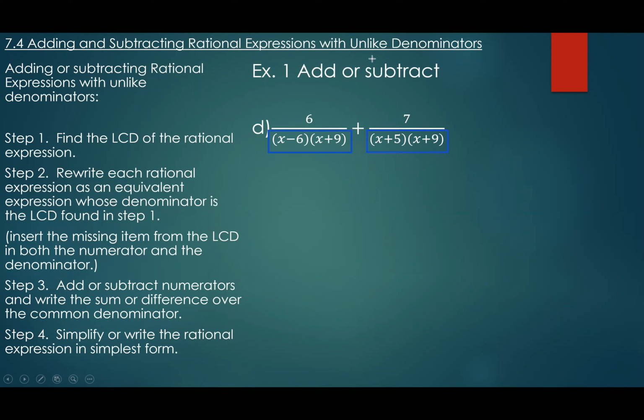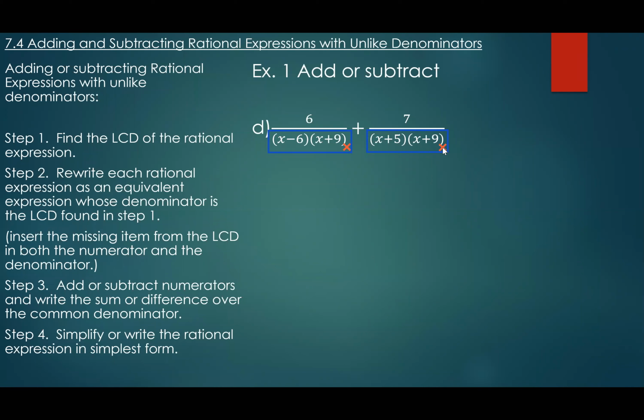You have to recognize that that is different, right? If this were to be x plus 9, then all you have to do is take 6 plus 7, 13 over x plus 5, x plus 9. But clearly they are different, and if they are different, we cannot just combine them and call it a day, right?